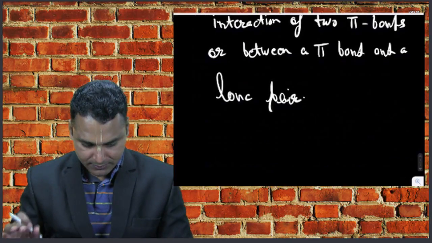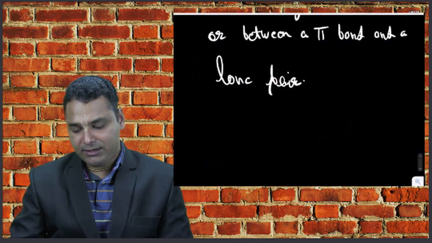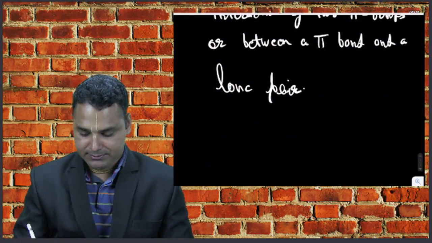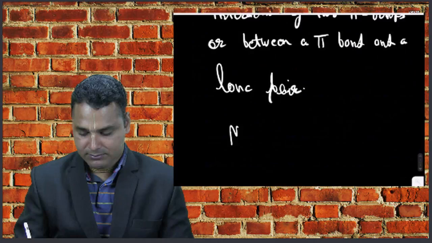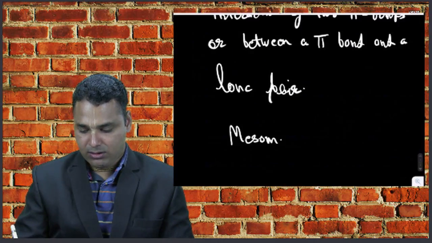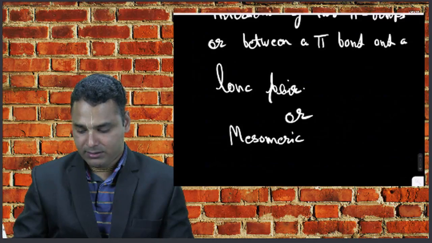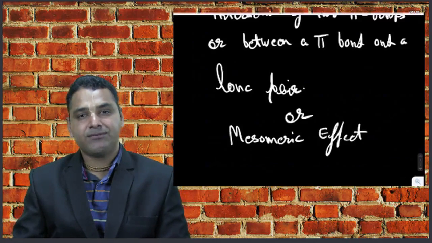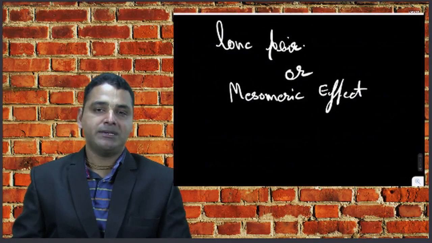This effect is also called the mesomeric effect. So we can call it by both names: the first is the resonance effect and the other name is the mesomeric effect.